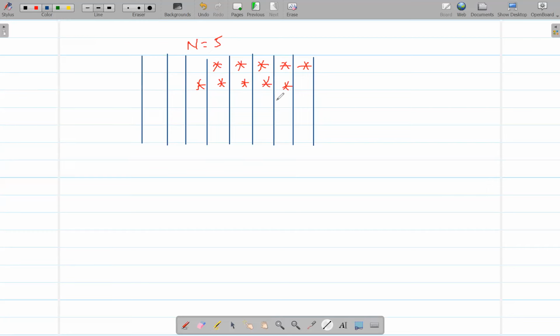Then we have to shift each row by 1 star towards the left, right? So each row contains the 5 stars as well. And let me draw the line as well.